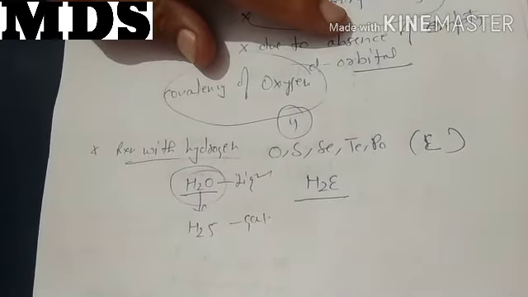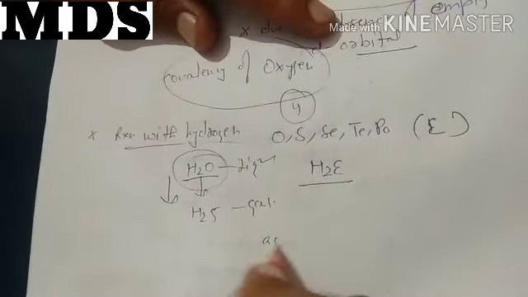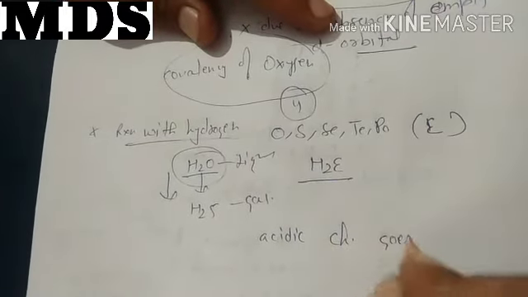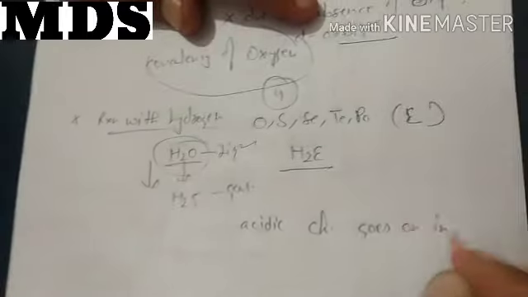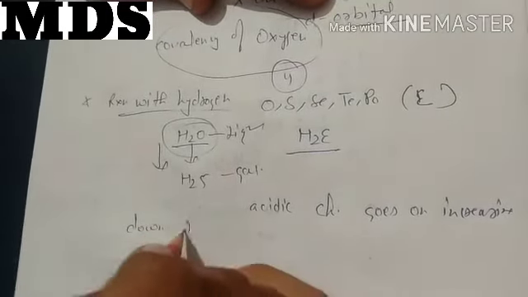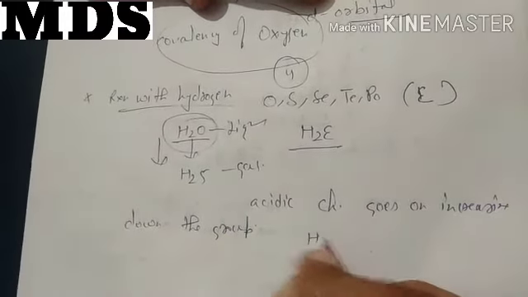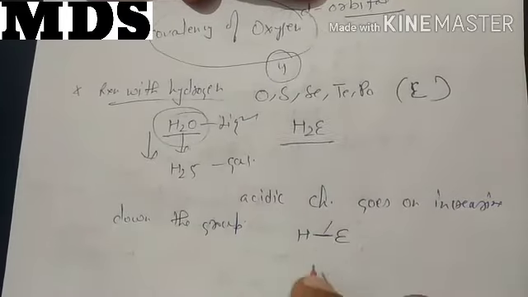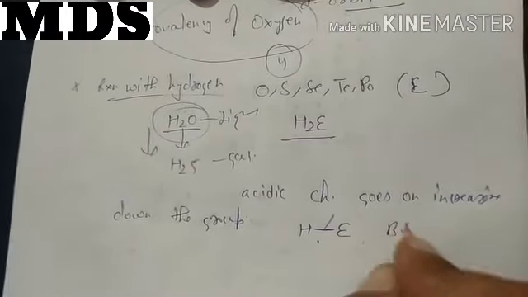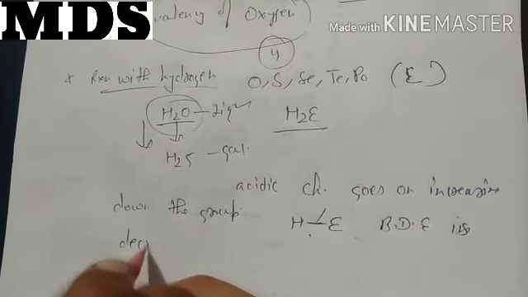But now what we have to discuss in case of the hydrides is that the acidic character goes on increasing down the group in case of the hydrides. Why? Because if you talk about the bond dissociation enthalpy of H-E, this bond dissociation enthalpy is decreasing.